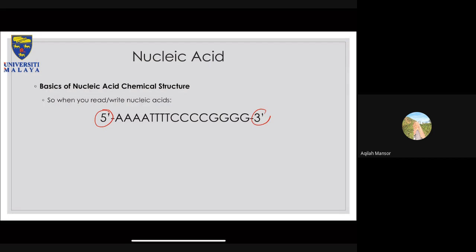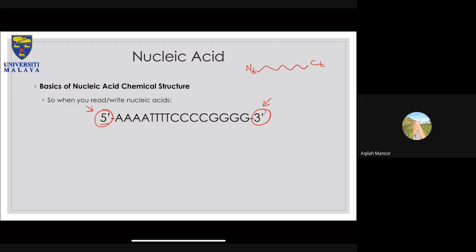Similarly, or well, slightly different from when we are talking about amino acids, where you have the C terminal and the N terminal. So on a nucleic acid molecule, you always have a 3' end and a 5' end. So the full name, if you go into detail, you will hear people saying a 3' end and a 5' end.